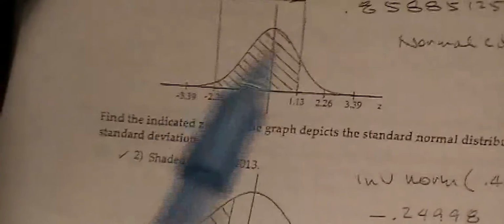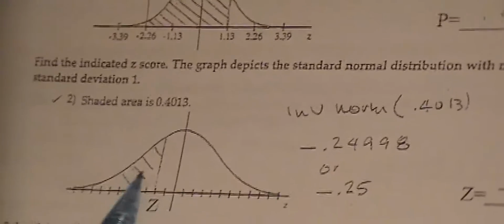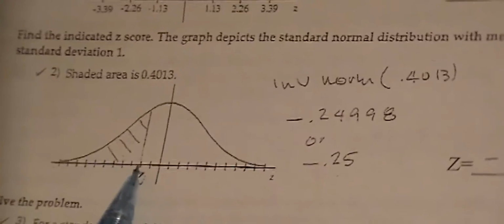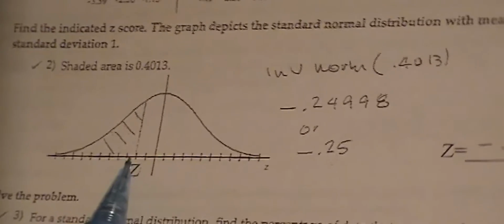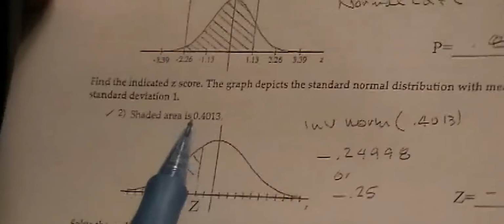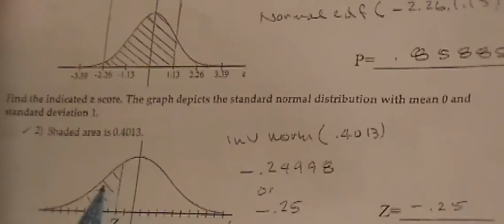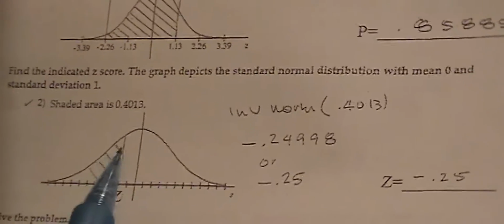Okay. Another kind of question he can give you is where instead of trying to find the area on the inside, he gives you the area and you're expected to find the z-score that corresponds to that. So it's kind of like the opposite of the first question. He tells you that the shaded area is 0.4013. So that's the shaded area here.